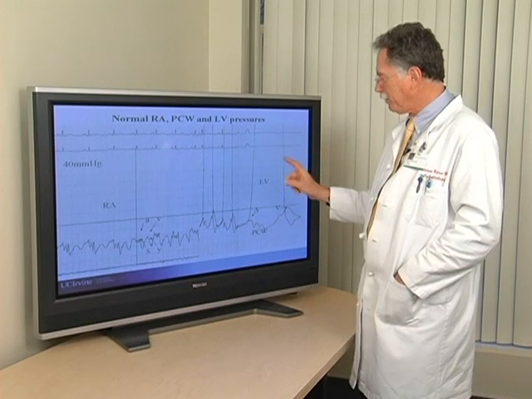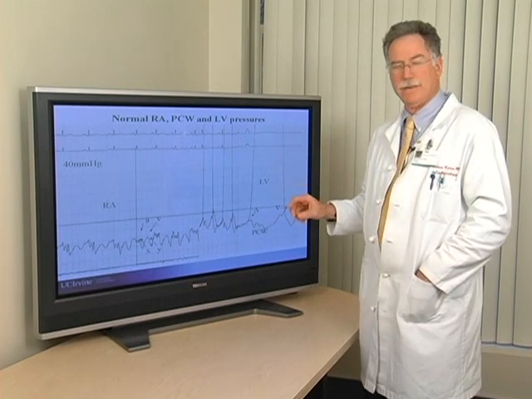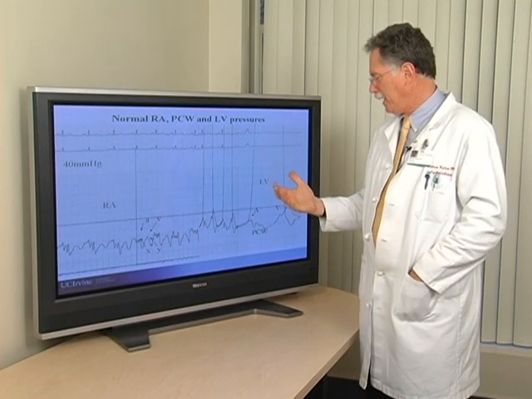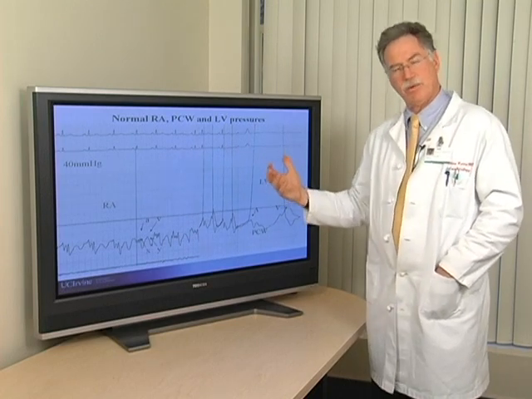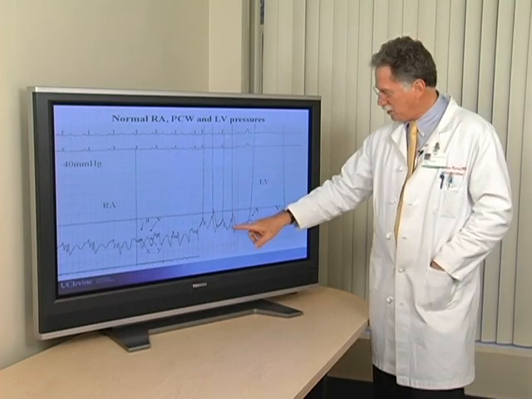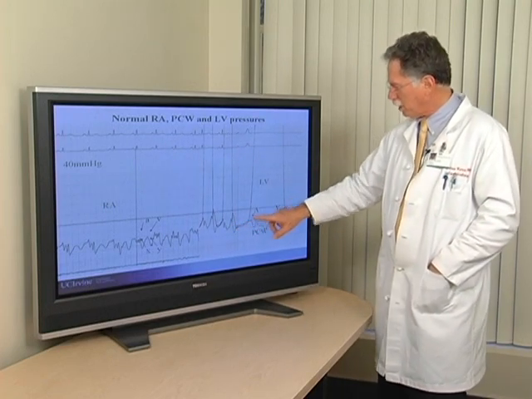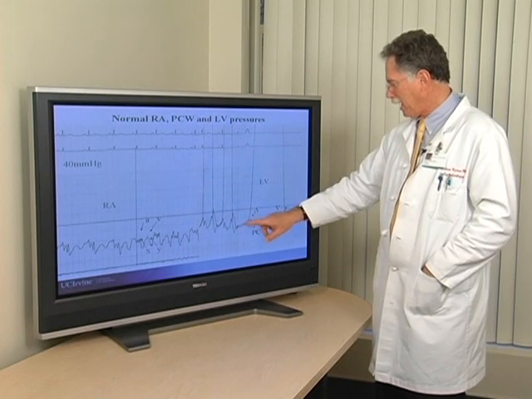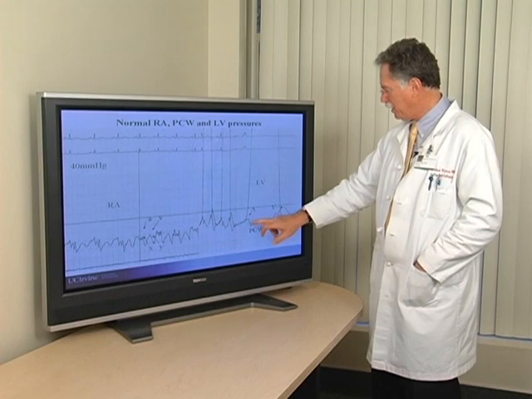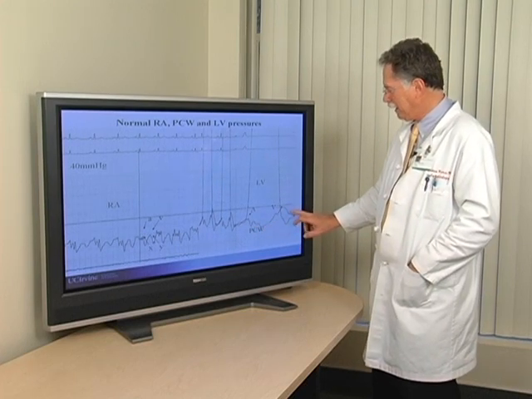When we look at the pulmonary capillary wedge pressure, that's the pressure reflecting the filling in the left atrium, and left atrial pressure actually reflects ventricular pressure in diastole. So here is the tracing of a wedge pressure superimposed on left ventricular pressure. The A wave of the left atrium is shown here, represented by the wedge pressure, and its V wave shown here.